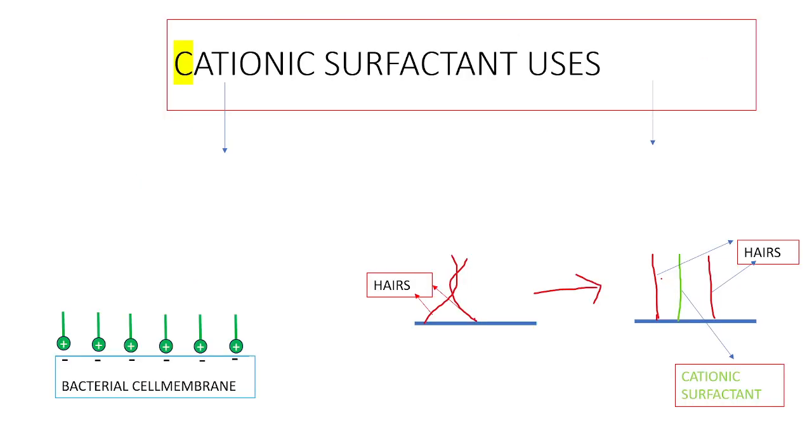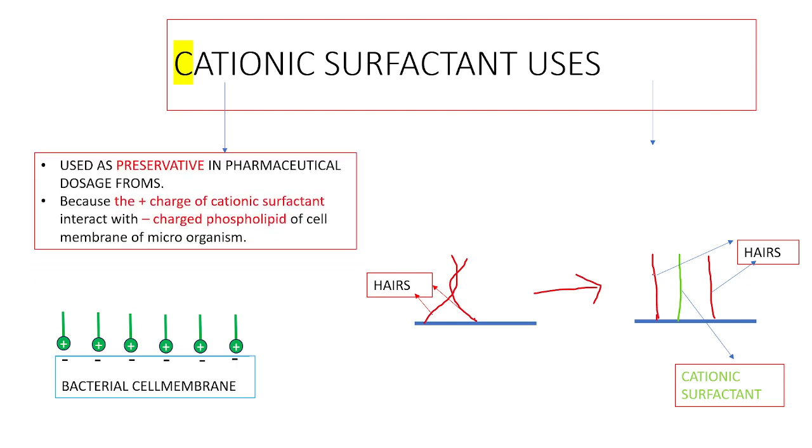Next, what are the uses of these cationic surfactants? These cationic surfactants are majorly used as preservatives in pharmaceutical dosage forms. Sir, how are we using cationic surfactants as a preservative? Normally the bacterial cell membrane contains a negative charge, negative charge present on the bacterial surface.